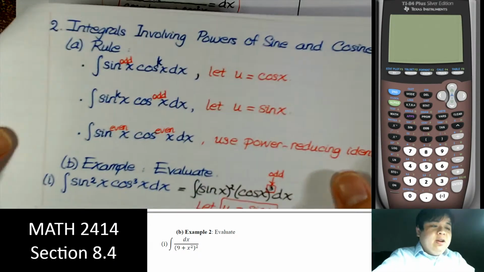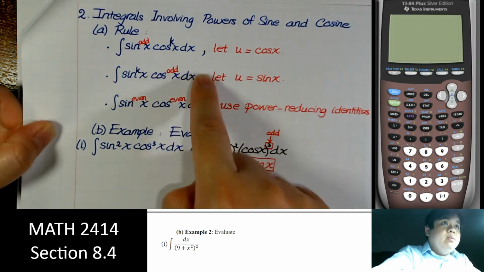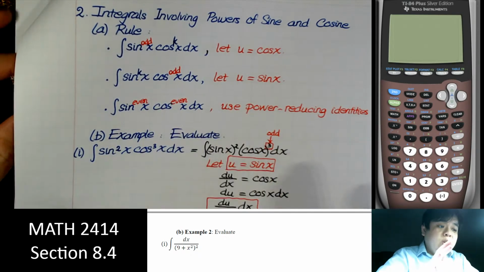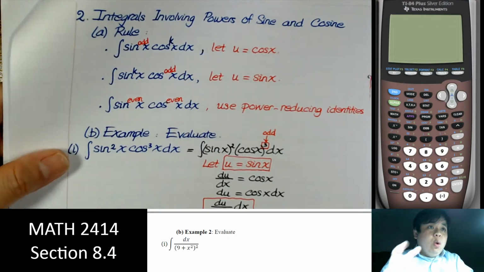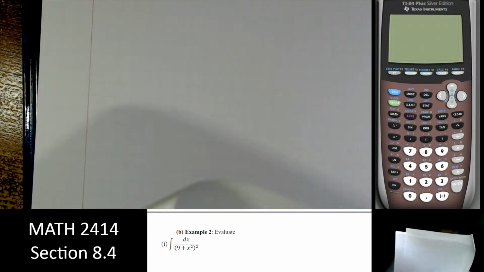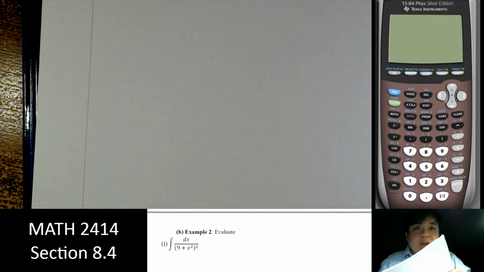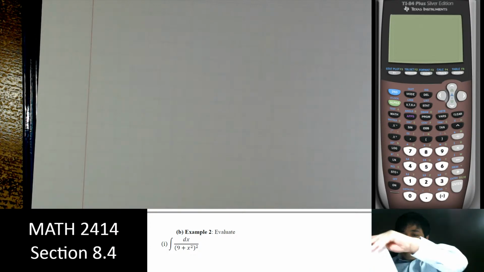We can also have the case when we have sine and cosine, when it's equal to even, when it's equal to odd. Right. By the way, this section 8.3 was in test 1. So we're not going to do that here, sorry.